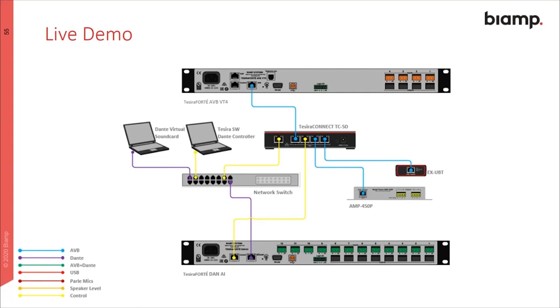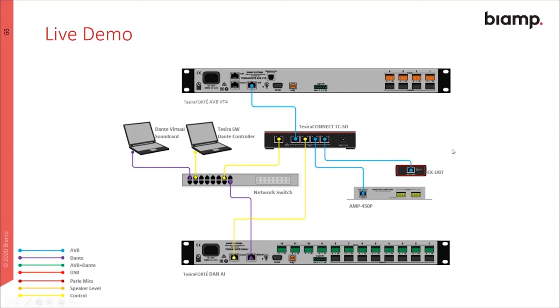For Dante source, I have a virtual sound card running on my laptop, but it's the same laptop that's also running the Dante Controller, and somehow that doesn't work too well together. And you know, I may have some challenges. Hopefully I have overcome those, and I will be able to show you a perfect demo.